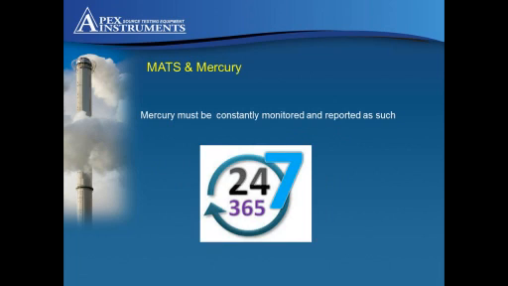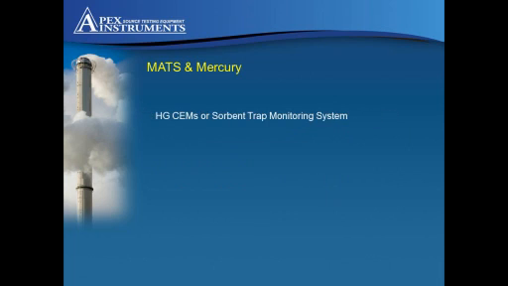So what does constant monitoring or constant testing mean? Part 63 states that mercury must be monitored using either an Hg CEMS or sorbent trap monitoring system. Our line of expertise here at Apex Instruments is sorbent trap monitoring systems. Therefore, I will focus on what is required if you do use a sorbent trap system for mercury MATS compliance reporting.